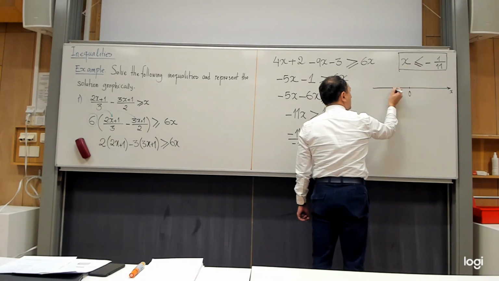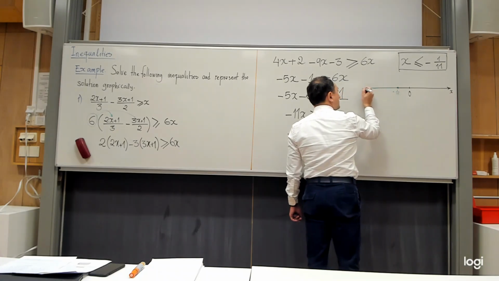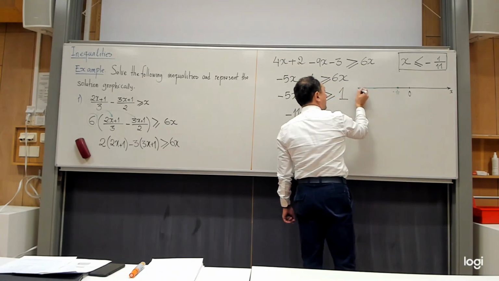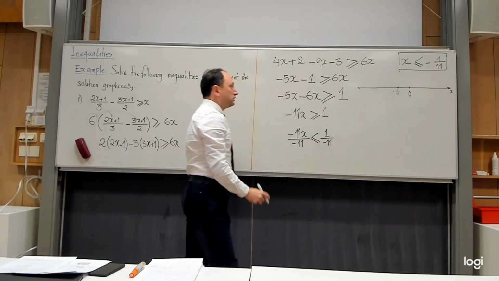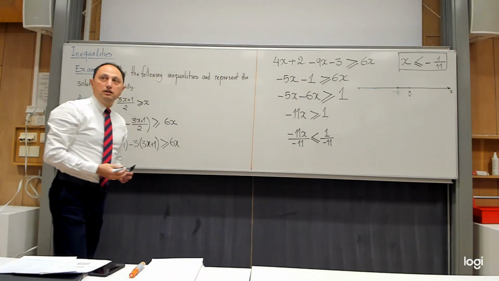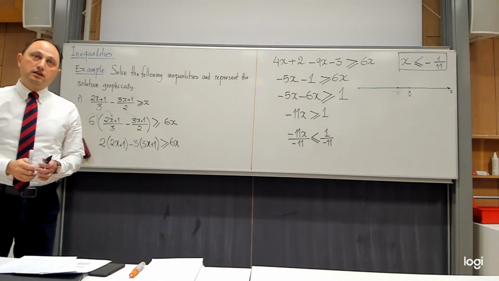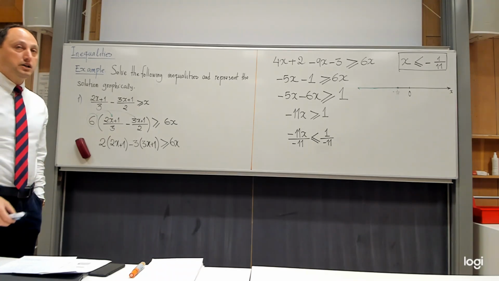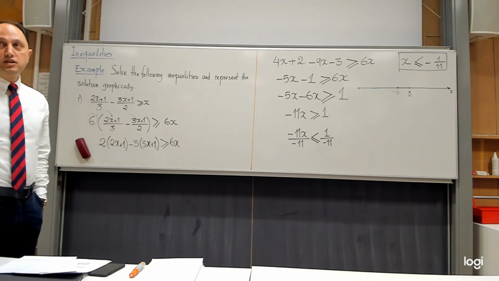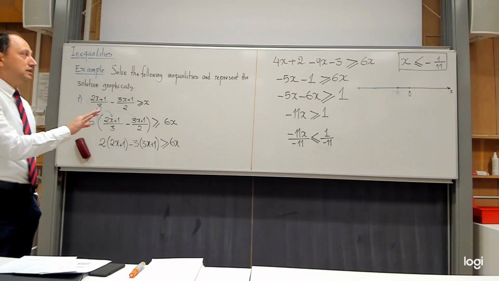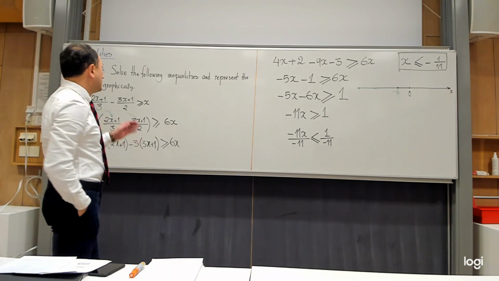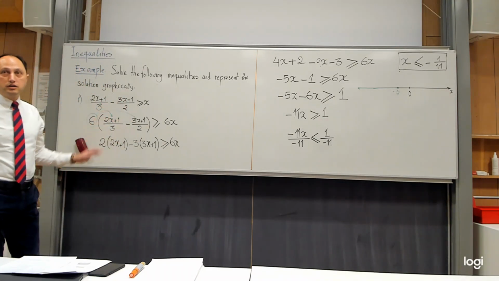So you need to somehow color this part with a different color and put this arrow on top. So all the green parts that you see is representing that solution. Yeah, is that understandable? So this is at most the highest level that you get in the exam. So an inequality with fractions.